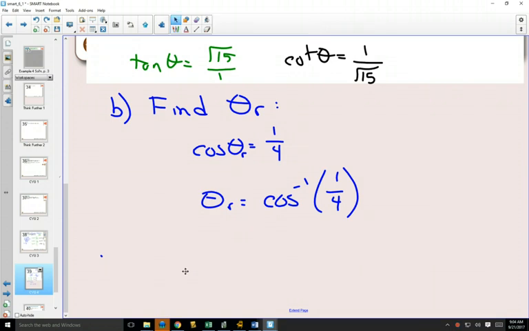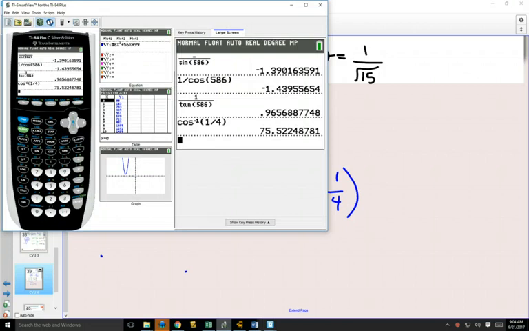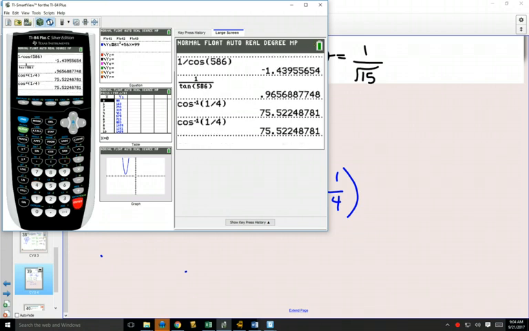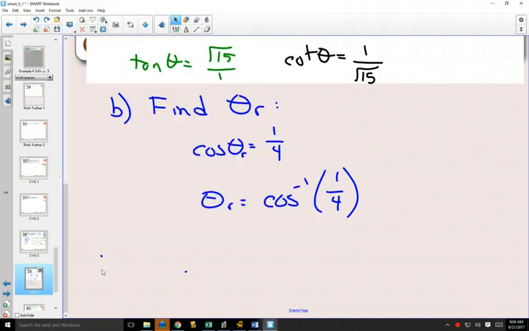So we go to our calculator, make sure that we're in degrees. Second cos of 1/4, 75.5, and I think this question said to the nearest degree. So our reference angle is 76 degrees.